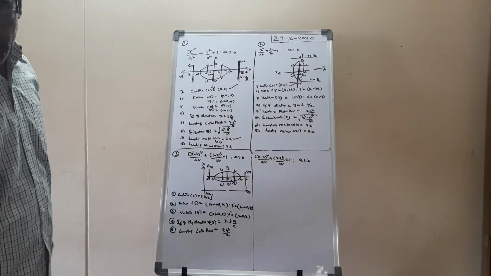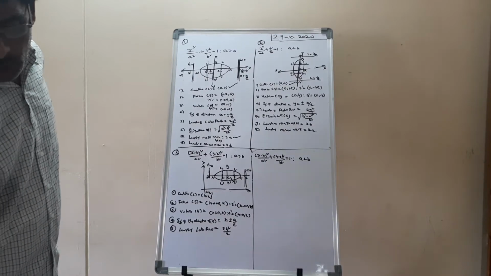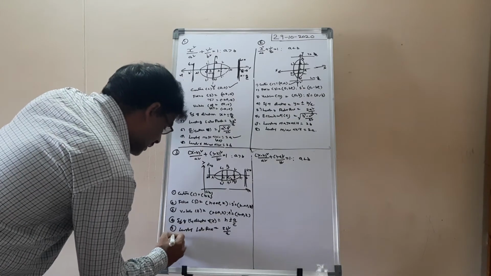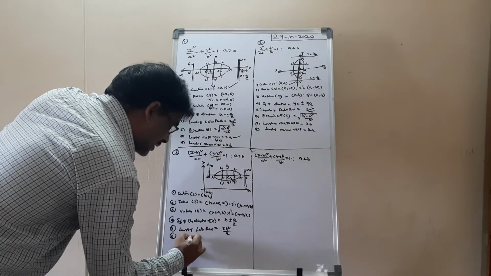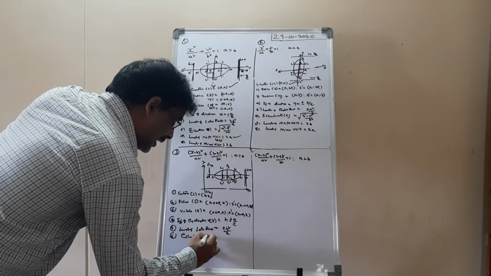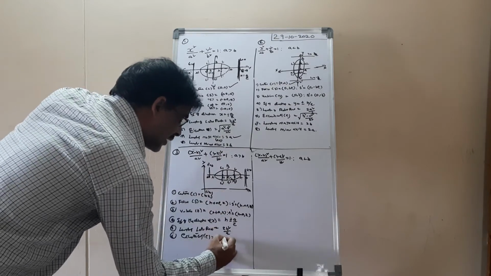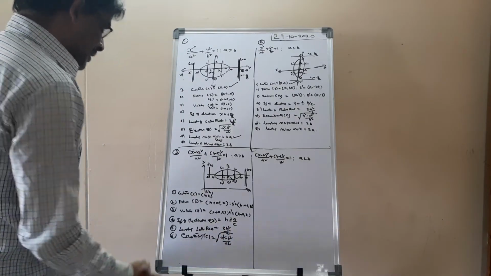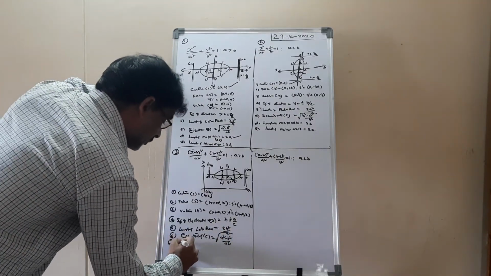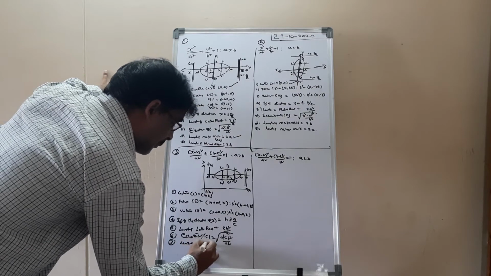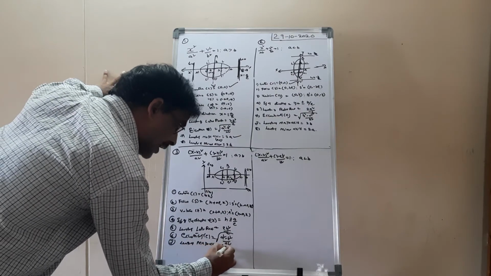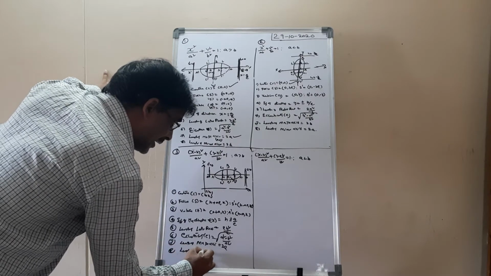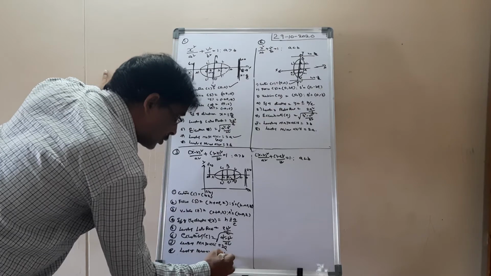Next, eccentricity: e equals the square root of a square minus b square by a square. Seventh, the length of the major axis equals 2a, and the length of the minor axis equals 2b.